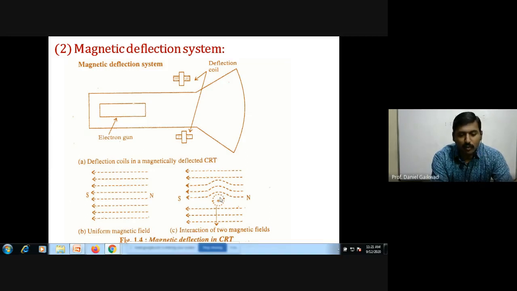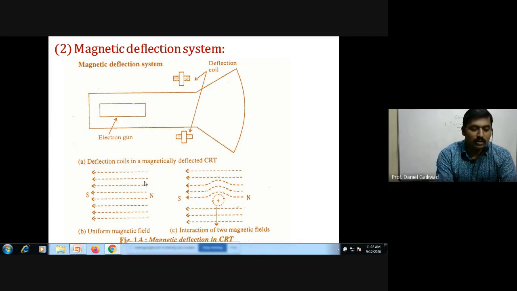Now, if we have a pair of magnets, the first magnet north-south, and the second magnet kept perpendicular to the first magnet, then there is an interaction of the two magnetic fields, and at a certain point the magnetic field will be directed in a closed loop as in figure C. When we have one field from left to right and a second field kept in a perpendicular direction, the interaction of both fields becomes a circle or closed path like this.